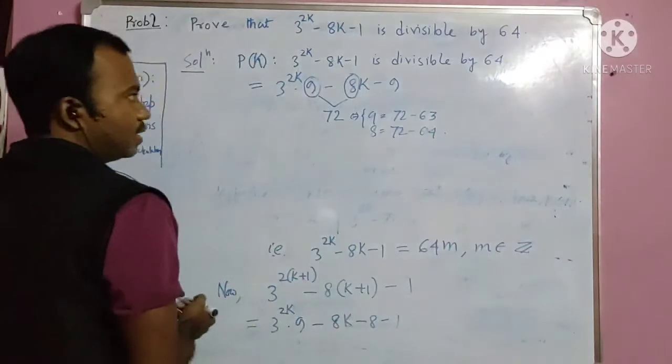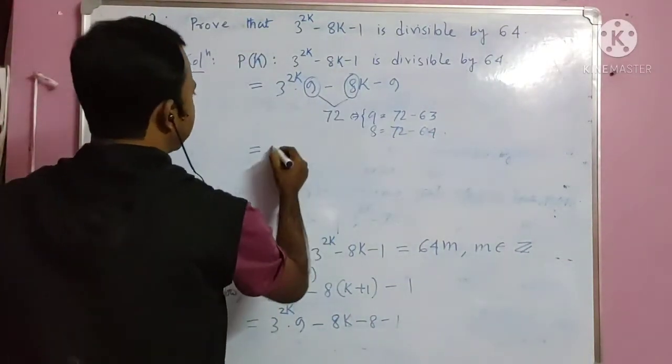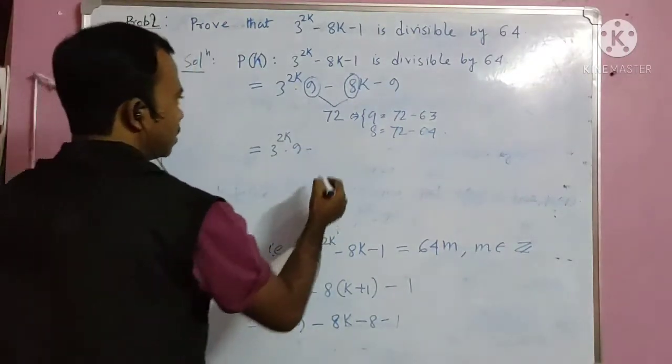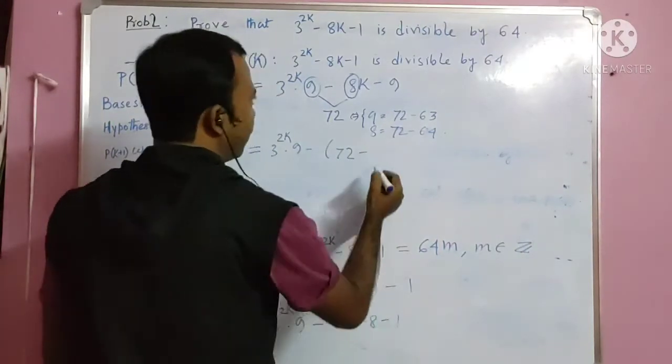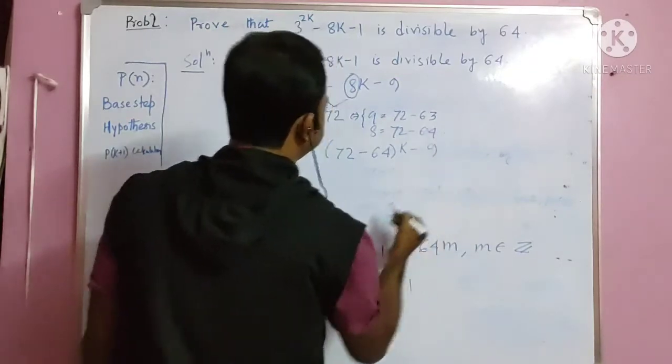Whatever you like, you can put here. I break it this way: 3 to the power 2k into 9 minus 8k minus 9, with 8 as 72 minus 64.